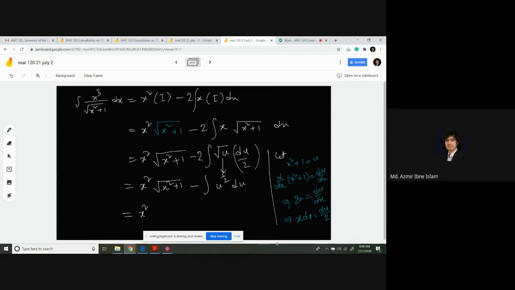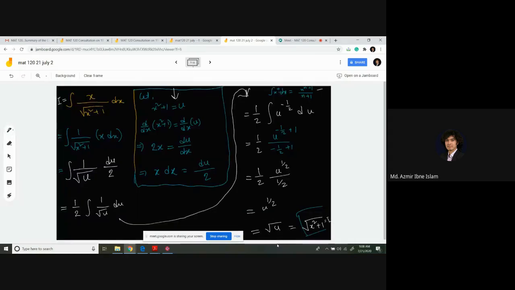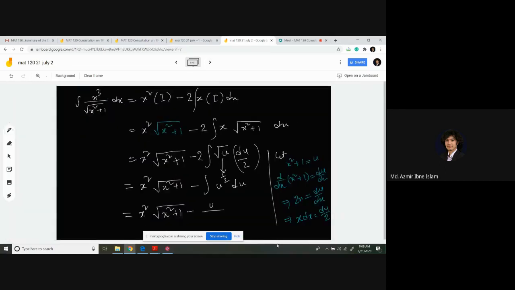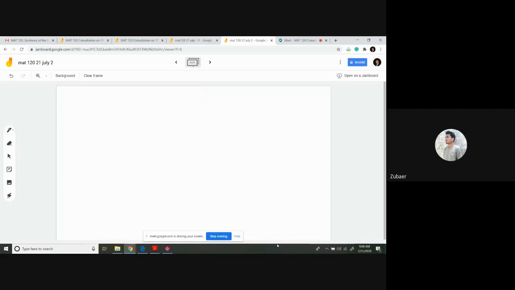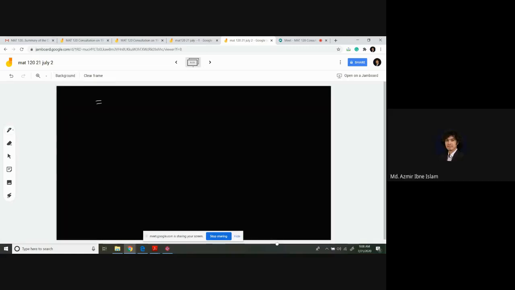And finally x squared root over x squared plus 1 negative, and again we can apply the same technique, that is integration of x power n dx, that is x power n plus 1 over n plus 1. So u power 1 by 2 plus 1, over 1 by 2 plus 1. Clear? So what we are getting?